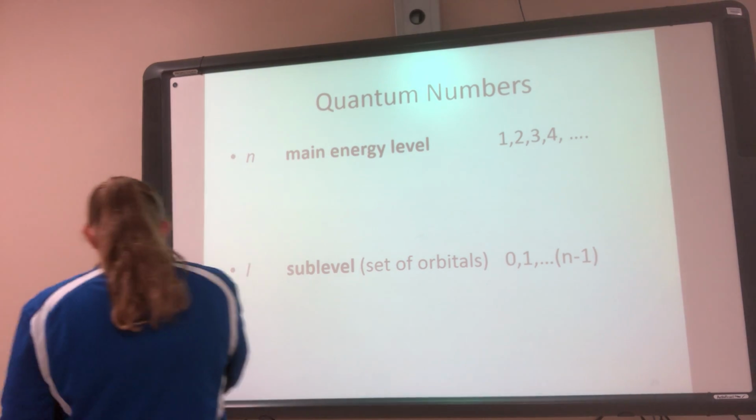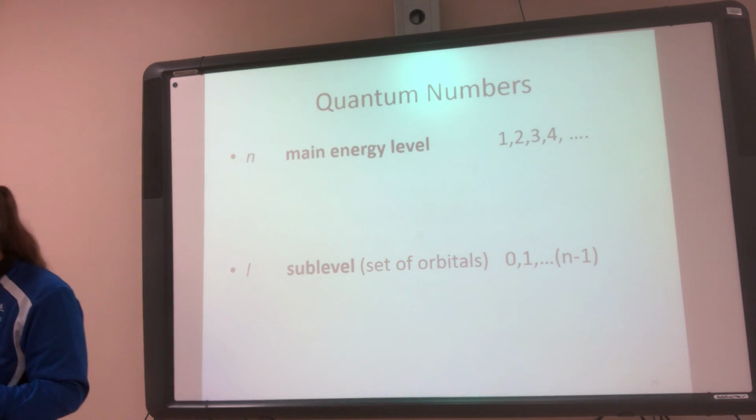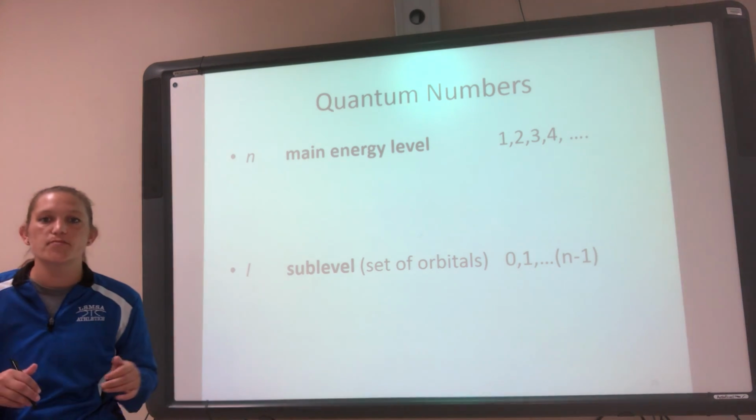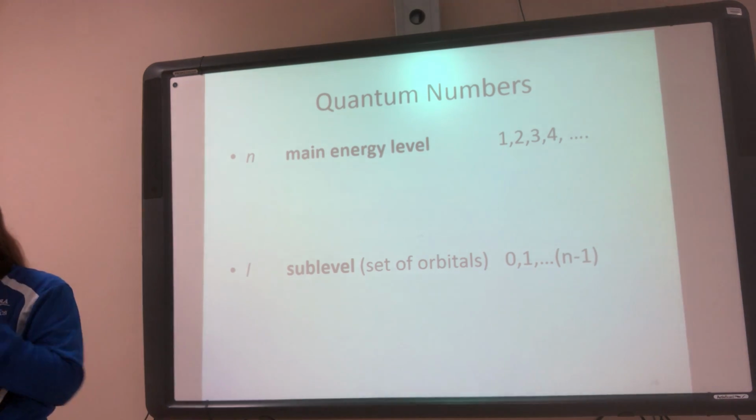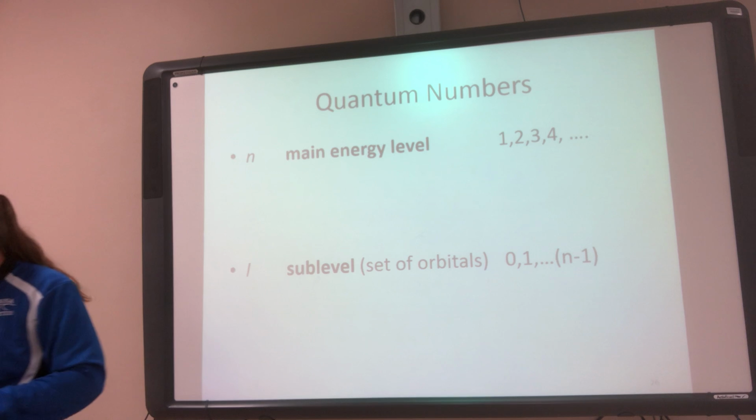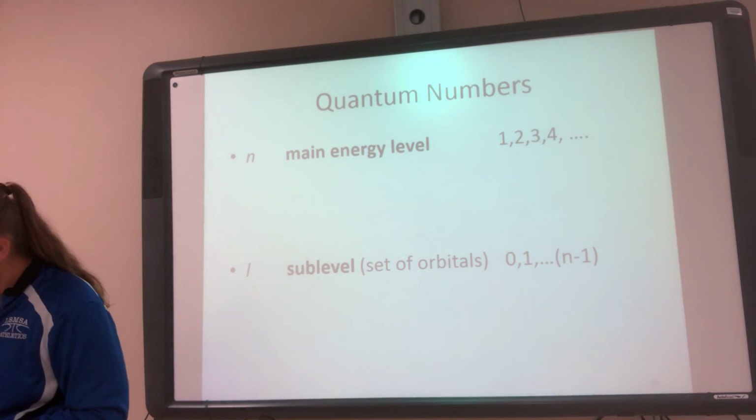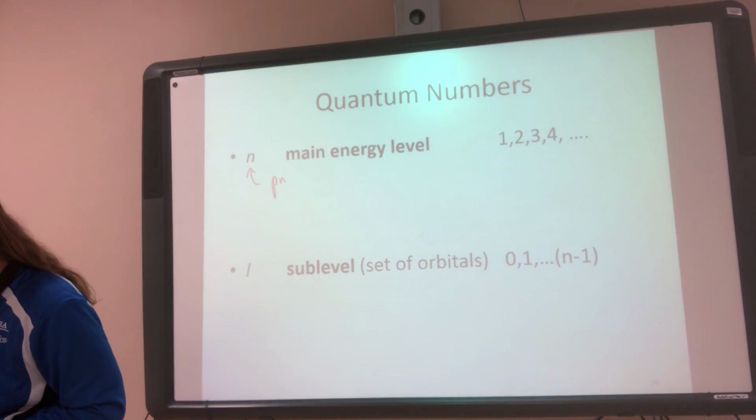Okay, so let's talk about the different quantum numbers. There are going to be 4 quantum numbers that we're going to learn. The first one is n, and this is called our principal quantum number.